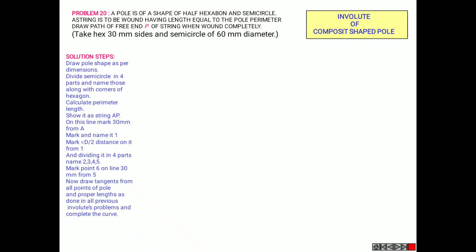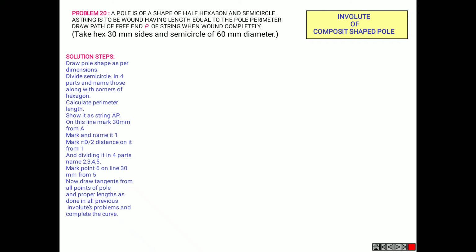Mark pi d by 2 distance on it from 1 and dividing it into 4 equal parts, naming 2, 3, 4, 5. Mark 0.6 on line 30 mm from 5, and now draw tangents from all points of poles from the semicircle in proper lengths as done in all previous involutes problems, and complete your required curve. So these are some solving steps to make a composite shaped pole.